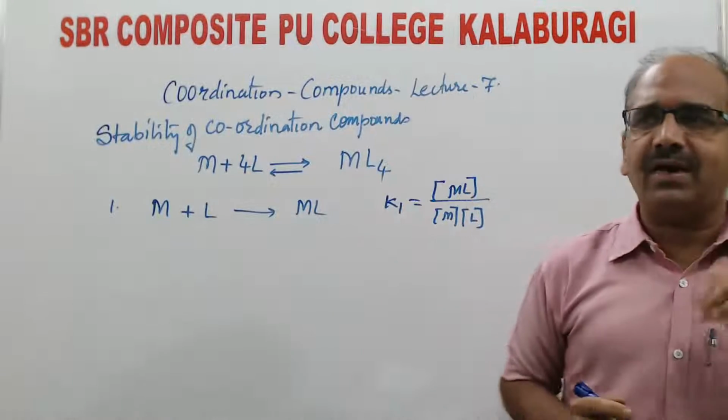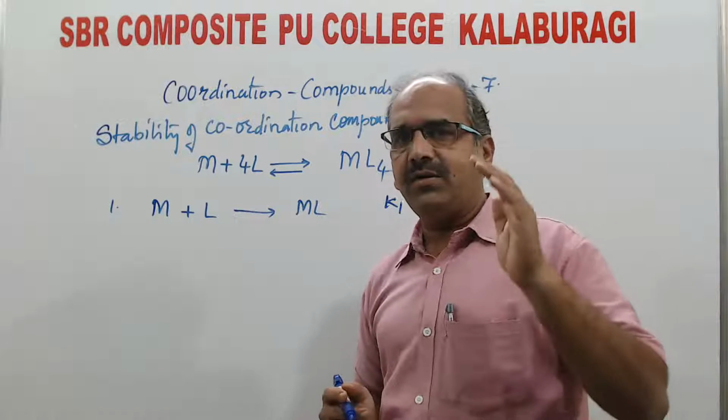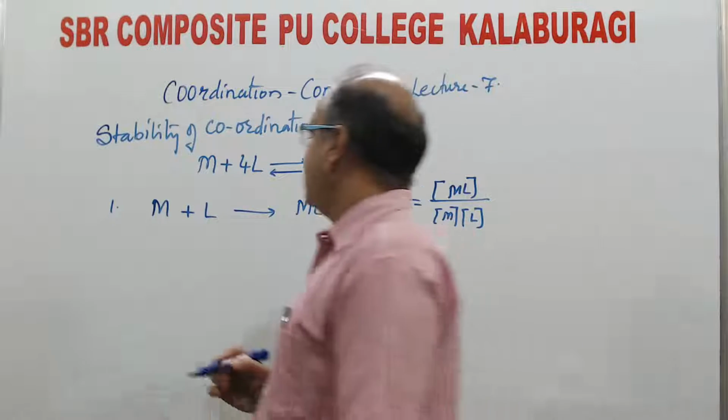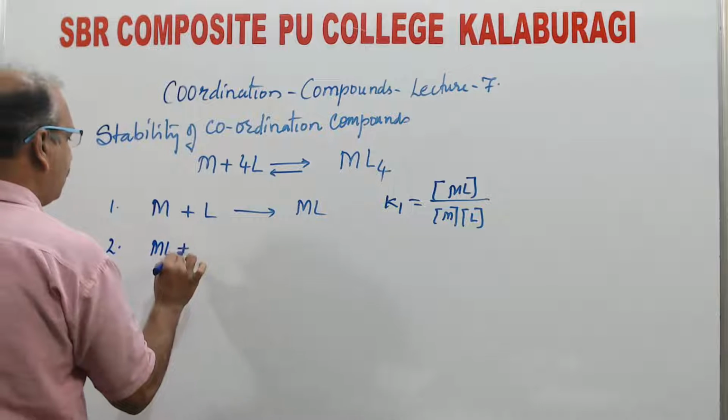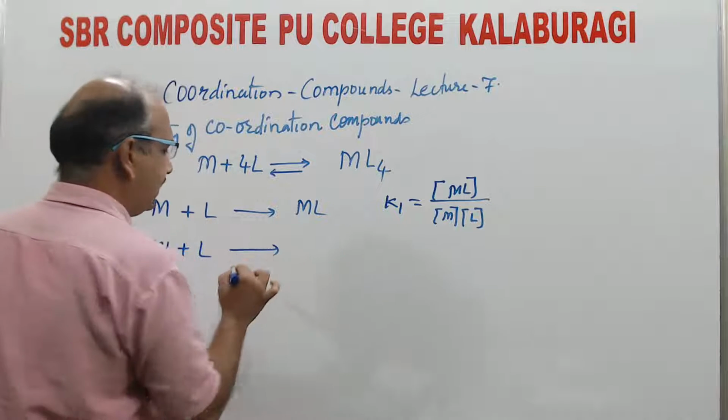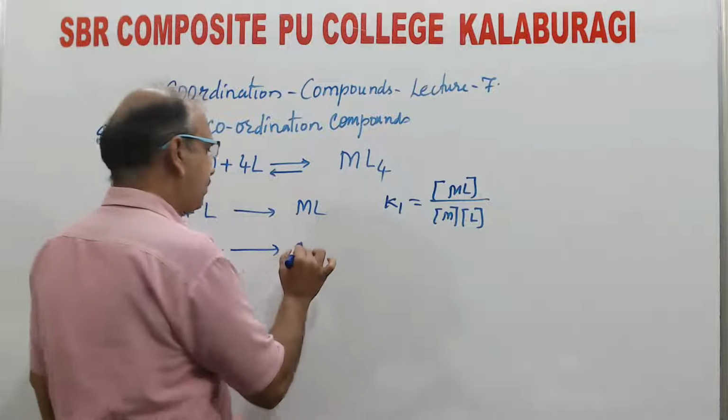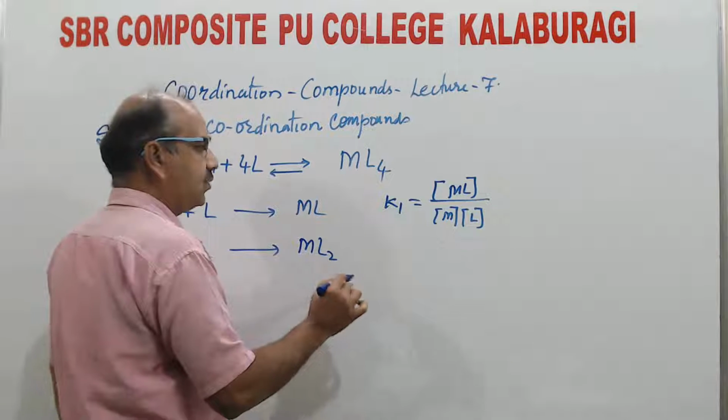So it's something like a mechanism, in which you have several steps. Next, this ML will bond with one more ligand, and that time it shall be ML2.